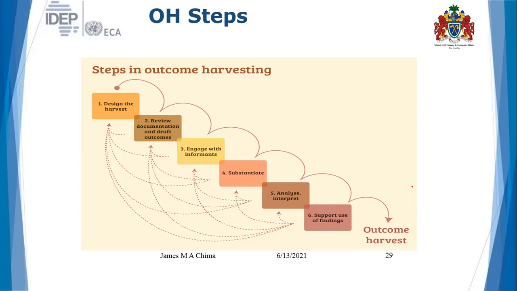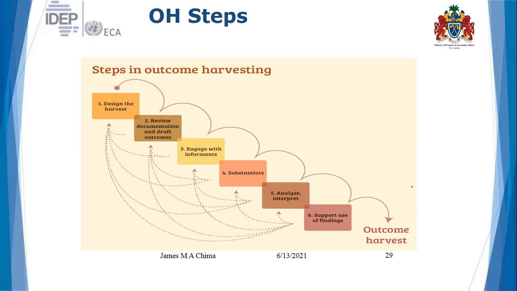The dotted lines are implying that for each step, it can influence any other preceding step. So here we see step number 2 naturally can influence step number 1. Step number 3 can feed back into both step 1 and 2 and refine them based on the experiences that have happened. So likewise for 4, 5, and 6.